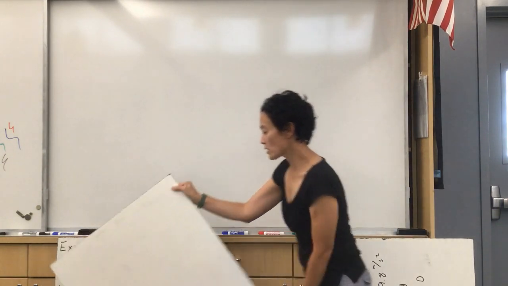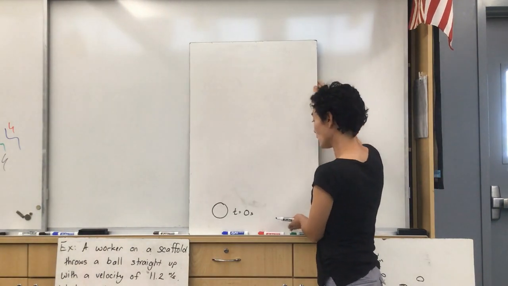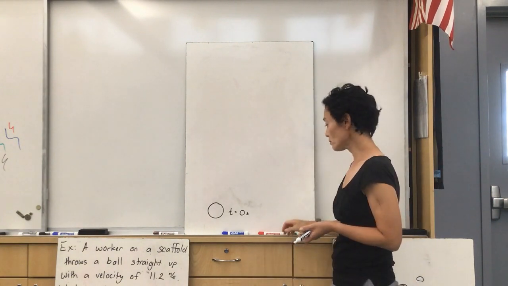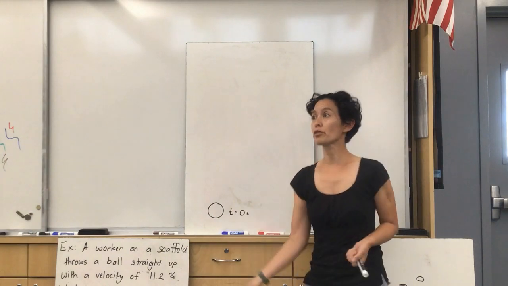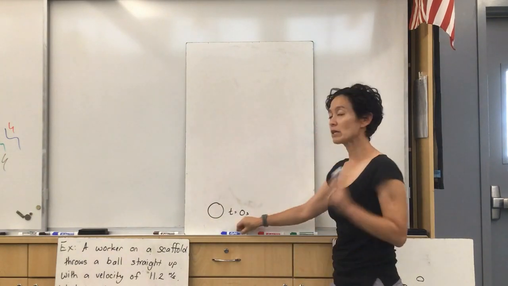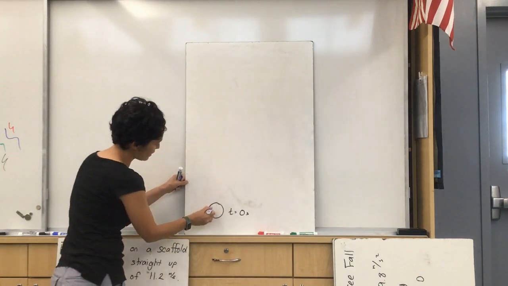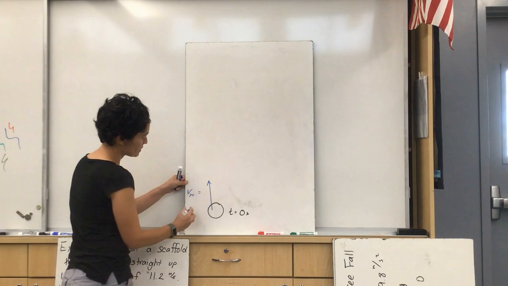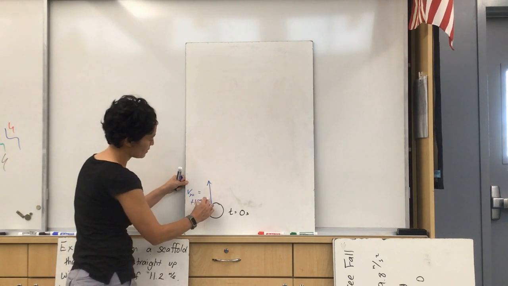So I'm going to diagram out what happens when we throw an object up in the air, what's happening to its velocity as it's traveling. So let's say that at time 0 seconds, I'm going to throw a ball up. And I'm going to give it a very particular velocity. So this is my Vy naught. This is going to be positive 19.6 meters per second.